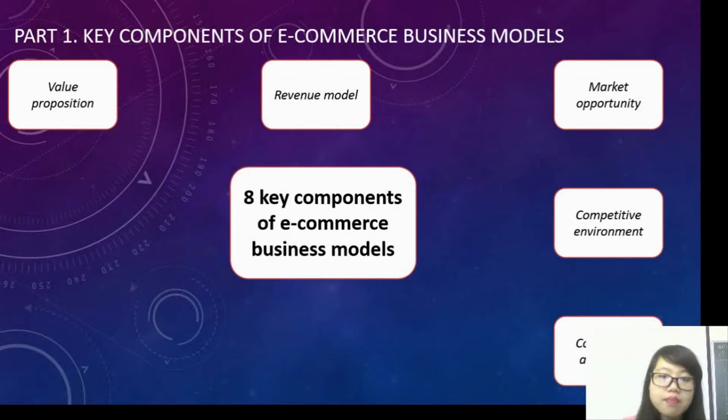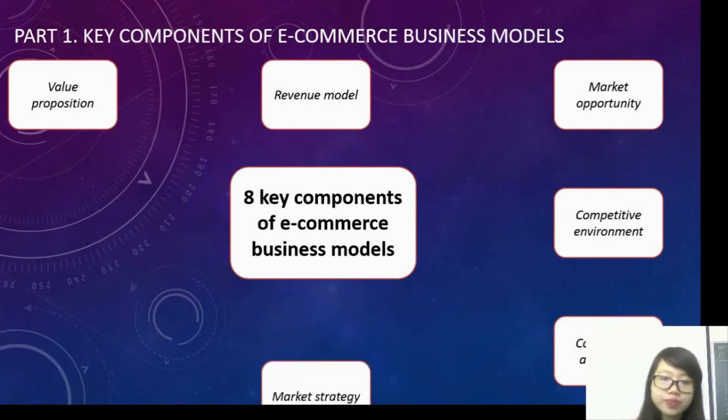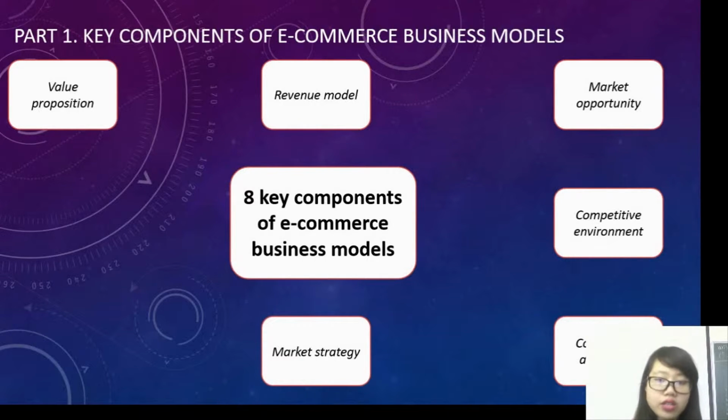Number 5 is competitive advantage, the factors that differentiate the business from its competition, enabling it to provide a superior product at a lower cost. Next is the market strategy. It is a plan a company develops that outlines how it will enter a market and attract customers.